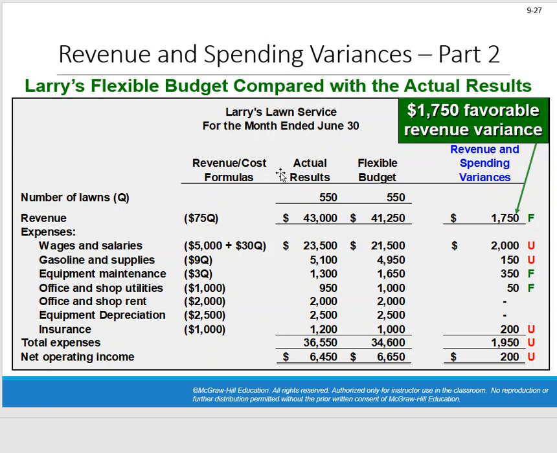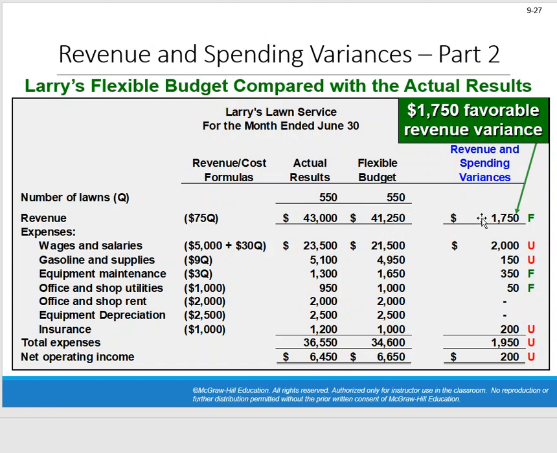Notice we're not comparing actual with our planning budget anymore. When we do this, we're using the same level of activity. The flexible budget is based on 550 lawns, and of course our actual results is based on 550 lawns, because that's truly what happened. So here we're isolating our revenue and spending variances separate from our activity variances.